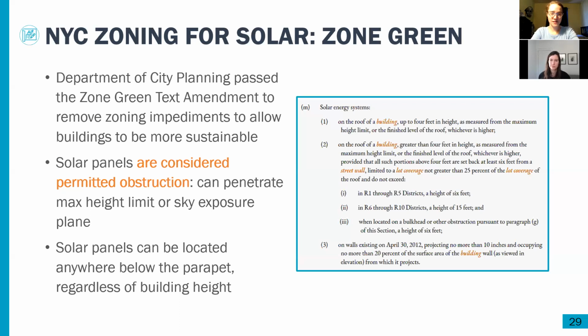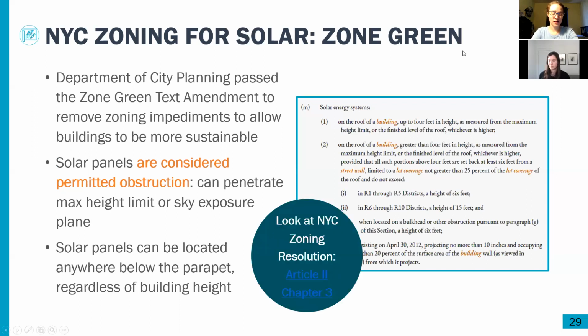It's still not perfect. There are definitely places where canopies aren't allowed, but any lower profile solar system, so a ballasted system or a low profile planar array, should be totally fine in terms of zoning. And if you want to read up on that, Article 2, Chapter 3 has Zone Green.